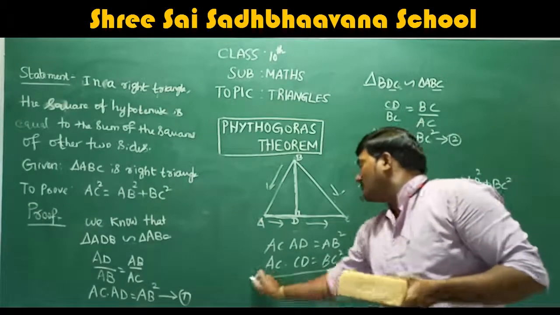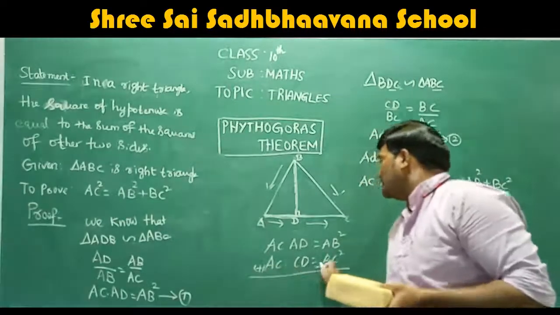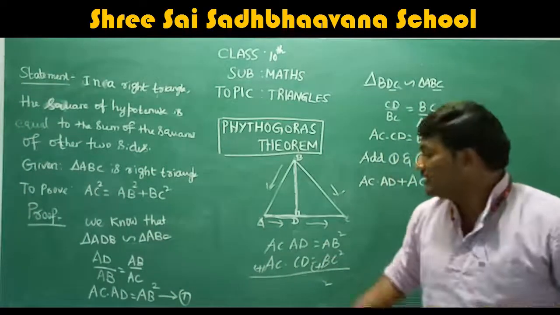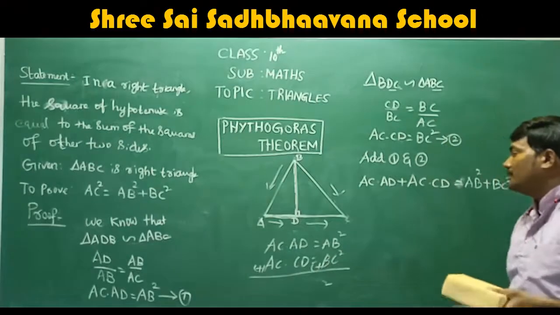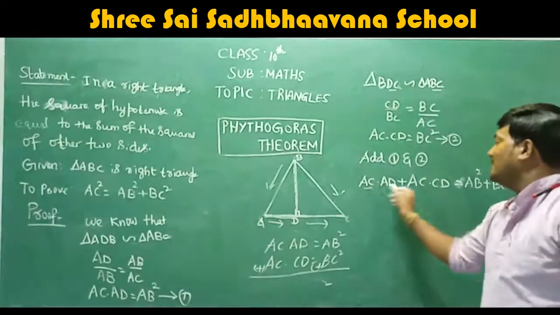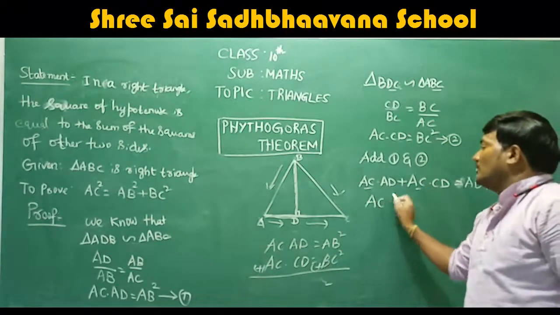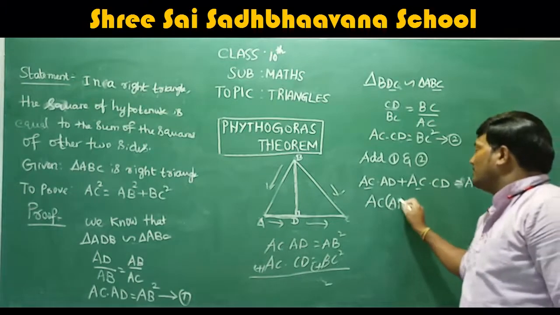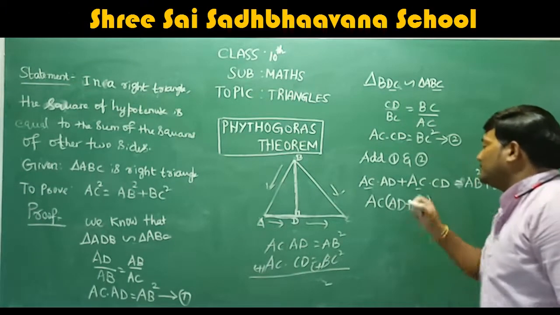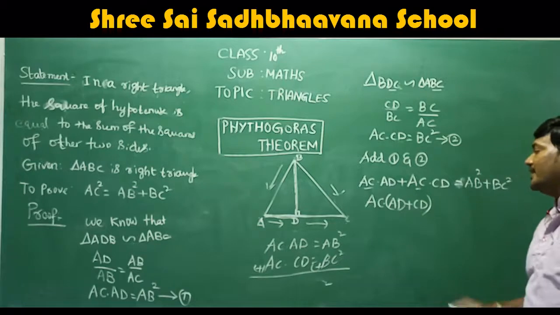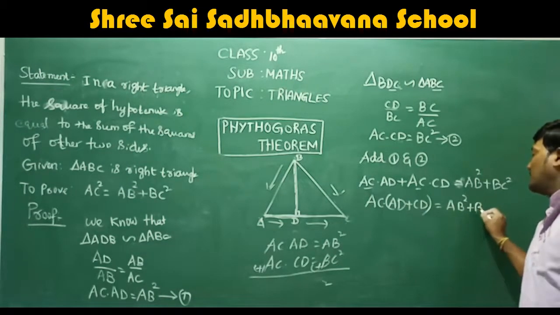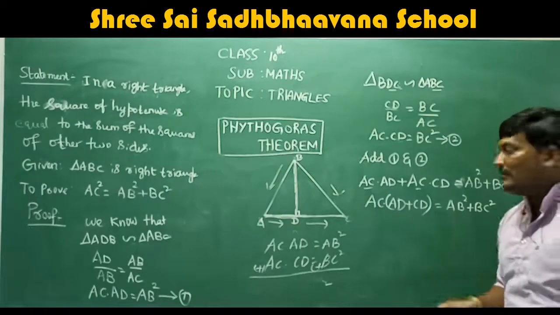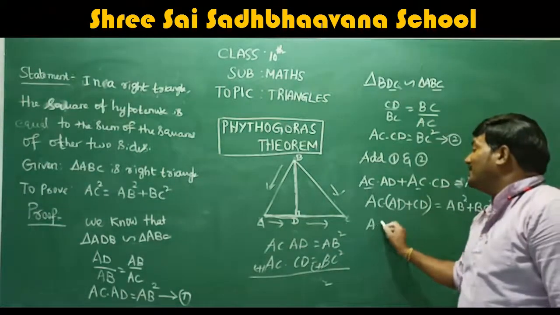So when you add, what happens? This two should be added and this two should be added, right? Whenever you add, this plus this should be equal to this plus this. So here you observe AC is the common side in both. Take it common, which leaves AD plus CD. AC into AD plus CD is equal to AB square plus BC square.